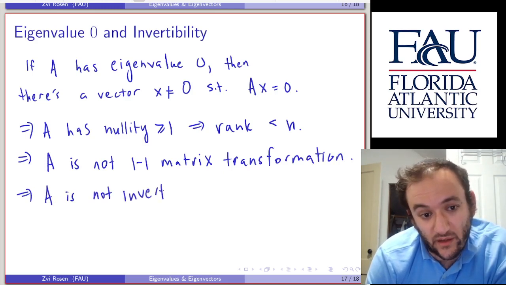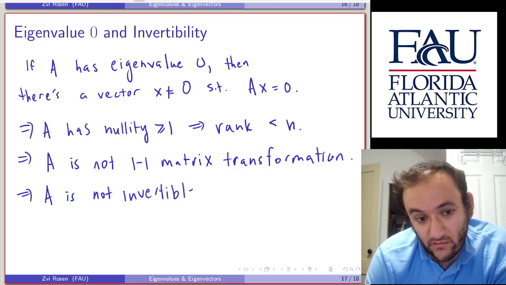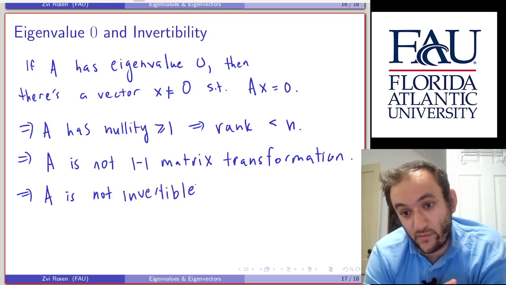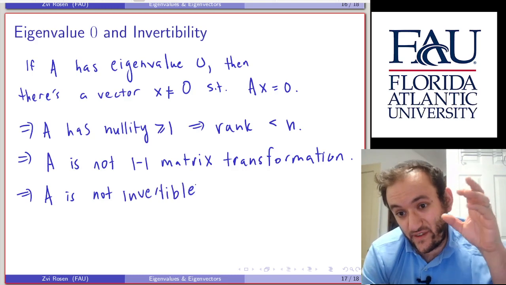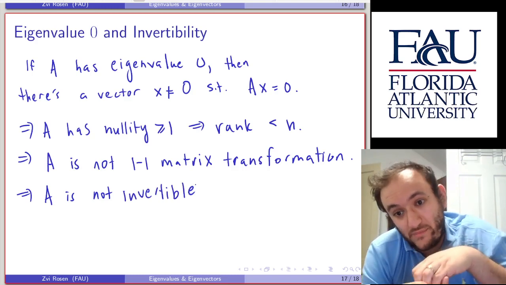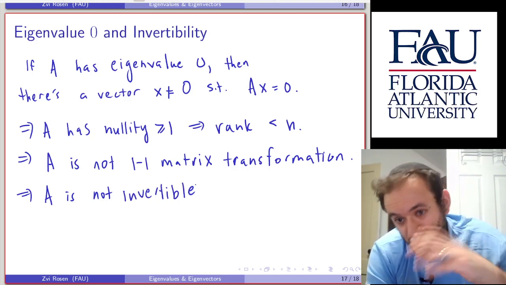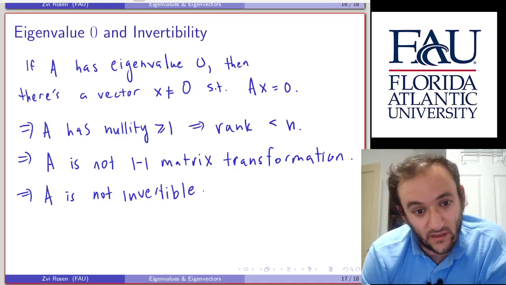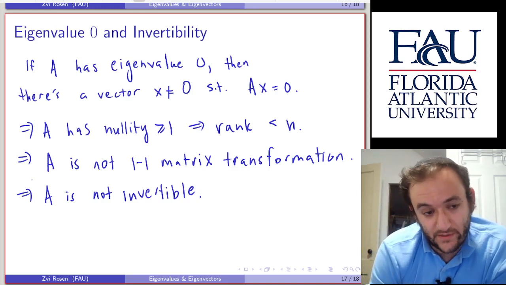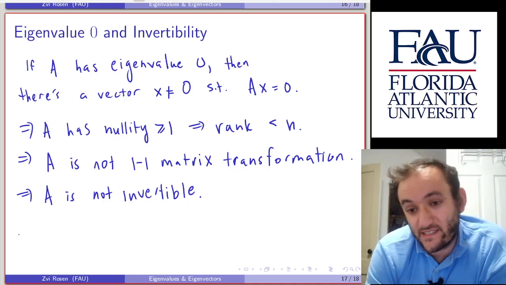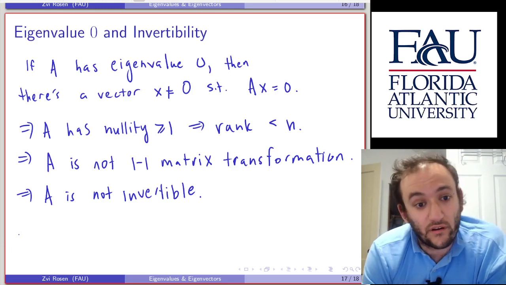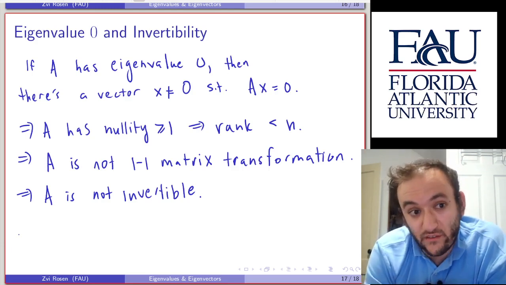Because think about undoing a matrix transformation which sends a lot of different vectors to 0. Well, then what do you map 0 to if you want to undo this? So there can't be an A inverse. Okay, so that's another criterion for invertibility versus non-invertibility.